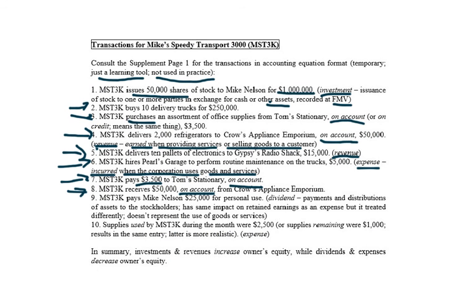Okay, what we have left now is 9 and 10, almost there. All right, so for this one, MST3K is going to pay Mike Nelson $25,000 for personal use. Anytime you have assets being removed in the company, we're going to call that a dividend. So that, again, falls under the category of payments and distributions of assets to the stockholders. Same impact on retained earnings as an expense, but it's treated differently because why?